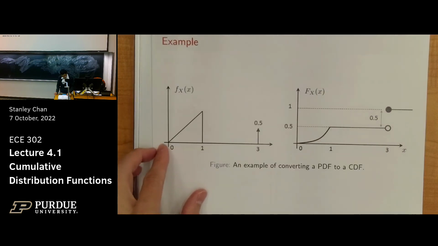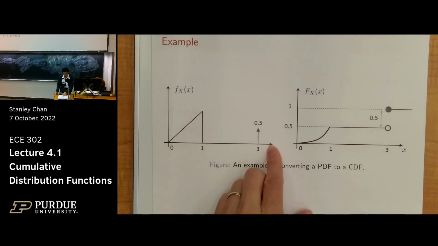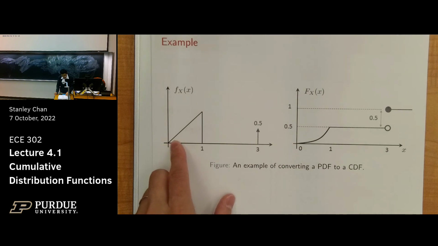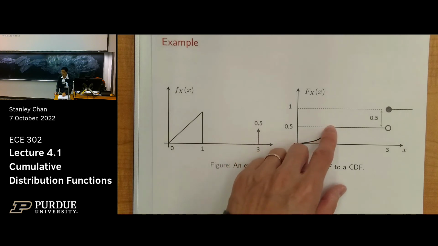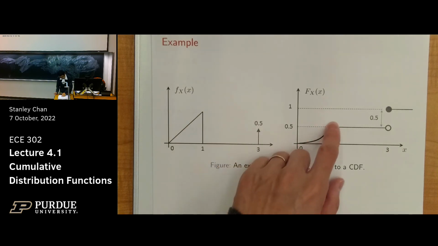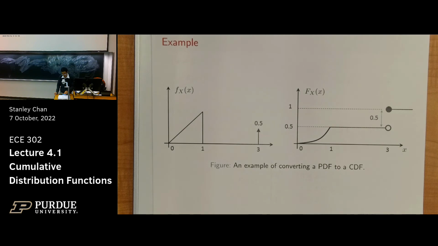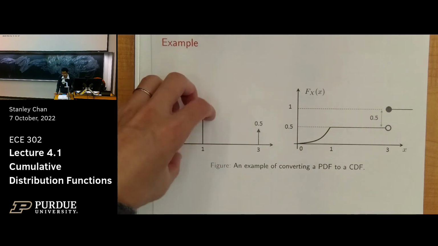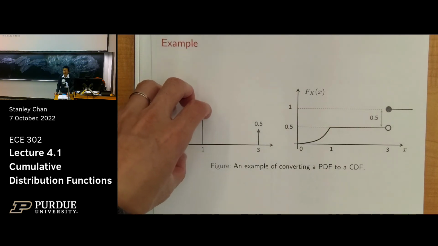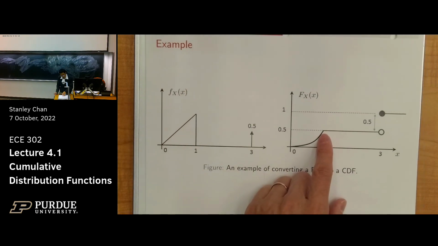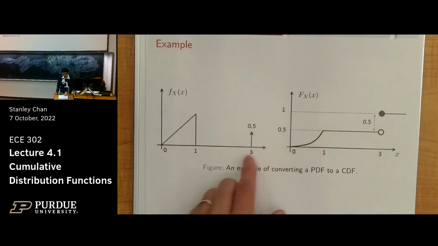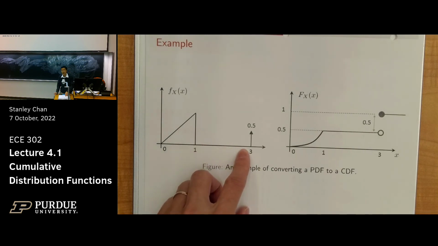Whenever you are less than 0, it should be 0. And then as you are integrating this triangle, you should get a quadratic equation, so it should go up. Where should it stop? It should stop at 0.5 because that triangle occupies half of the probability. Once you're at 0.5, you should stay there for a while until you hit the number 3, because you do not have any mass to accumulate.